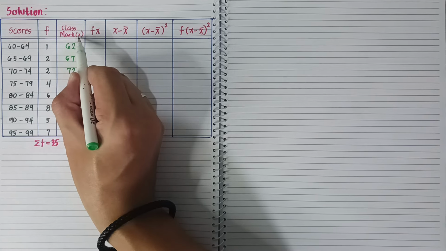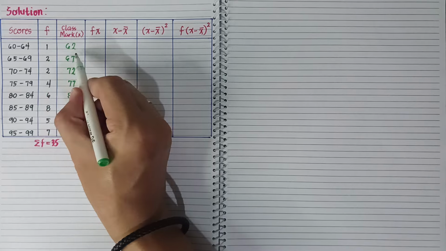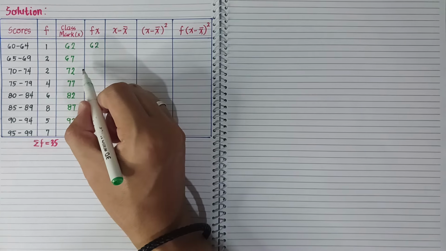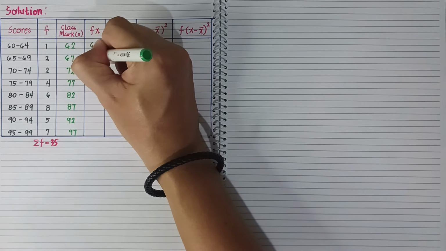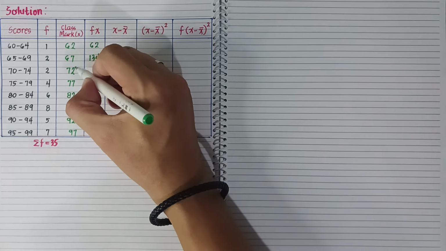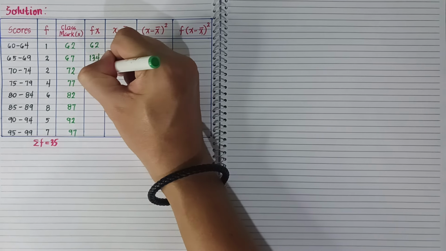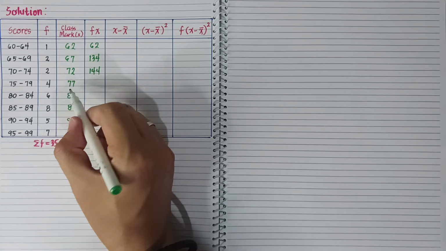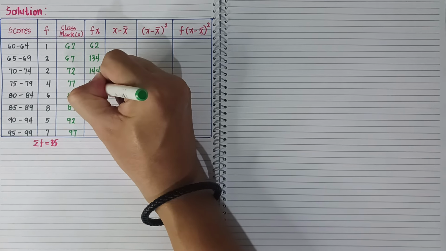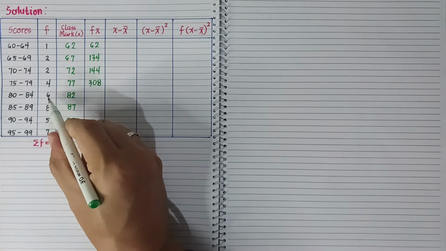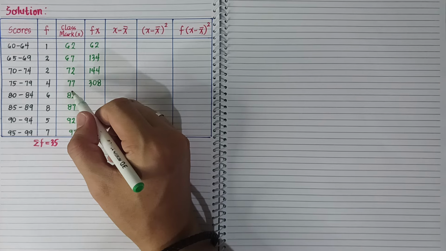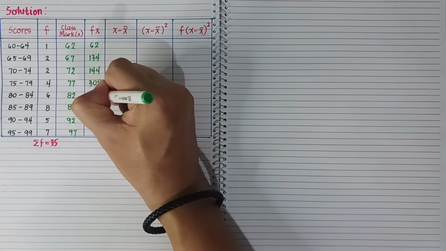So 1 times 62 is 62. 2 times 67 is 134. 2 times 72 is 144. 4 times 77 is 308. 6 times 82 is 492.